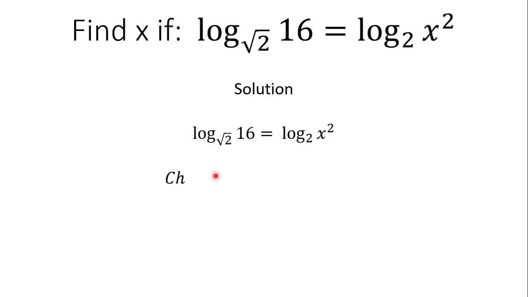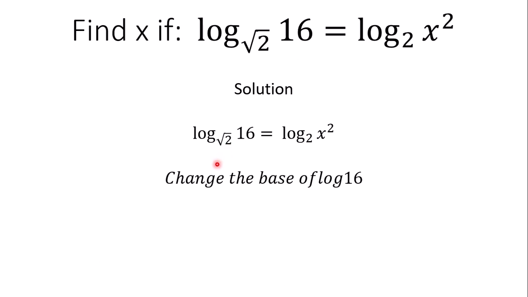So first, let's change the base of log 16. We are going to take the number, which is 16, and pick the new base, which is 2. I said that we are changing the base of this one, which is square root of 2, to base 2.